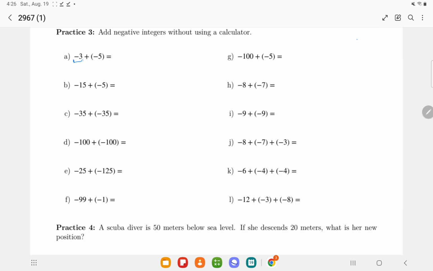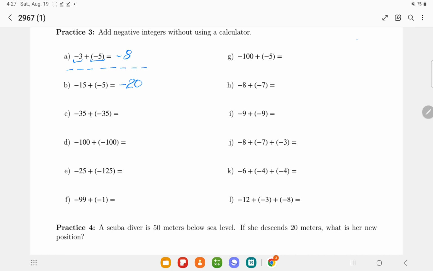We start with -3 and we add 5 more negatives, or 5 more minuses. So we end up with 8 negatives. -8. If we start with -15 and we add 5 more negatives, that's 20 negatives altogether, or 20 minuses. -20.